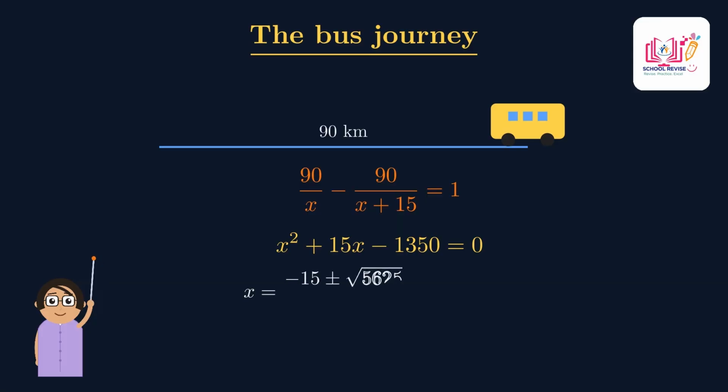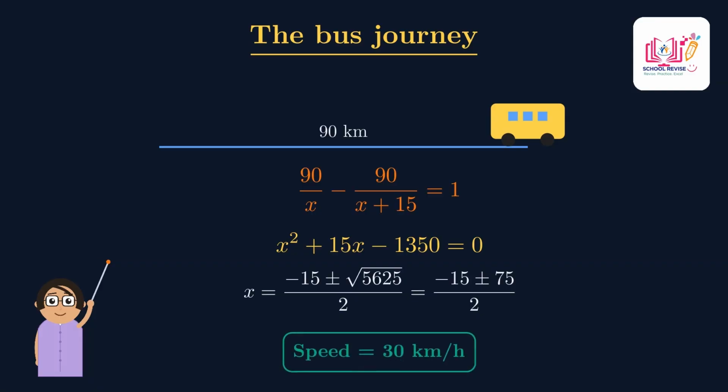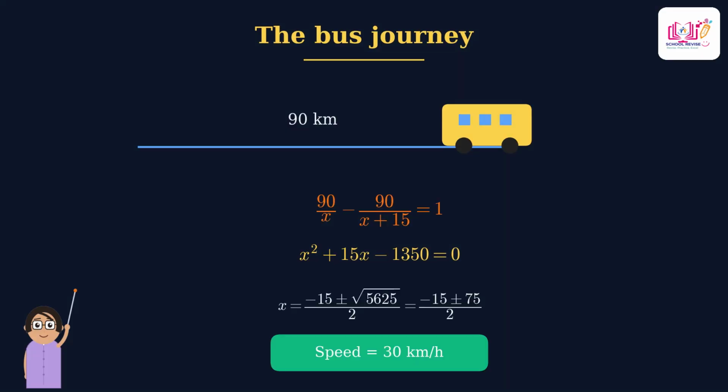Time is distance over speed. At speed x, the trip takes 90 over x. 15 faster, 90 over (x plus 15). The difference is exactly 1 hour. Tidy it up and you get x squared plus 15x minus 1350 equals 0. This one won't factor neatly, so the formula. a is 1, b is 15, c is minus 1350.